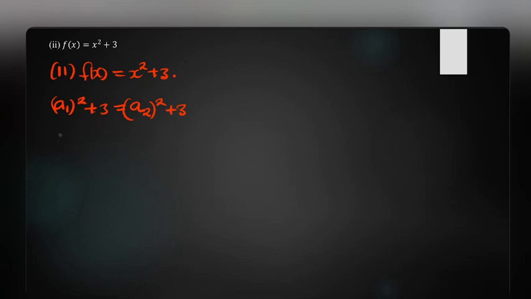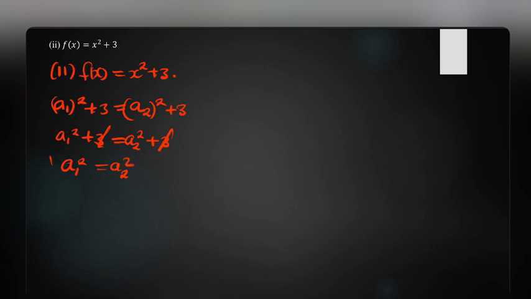Then we have a1 to the power 2 plus 3, which is equal to a2 to the power 2 plus 3. From here we can see that 3 and 3 can cancel. You have a1 squared equal to a2 squared.